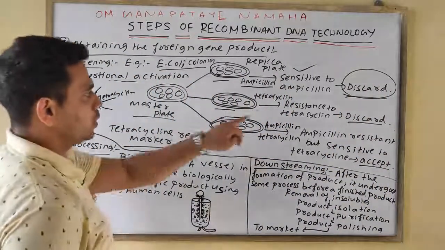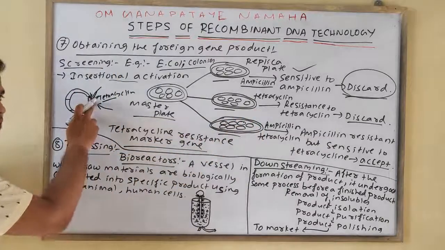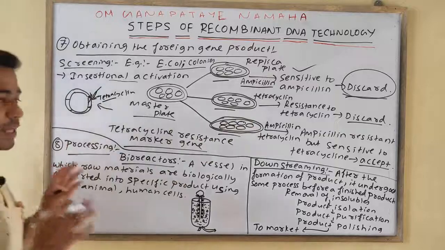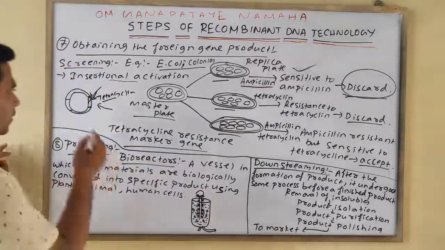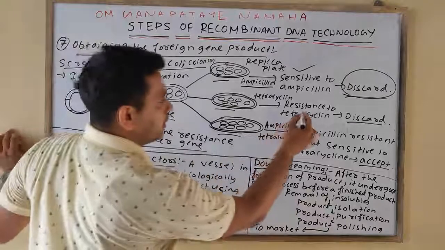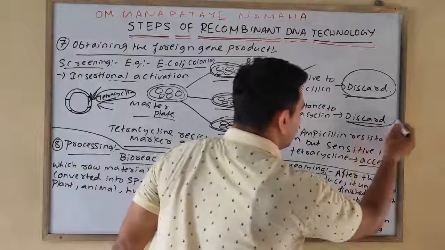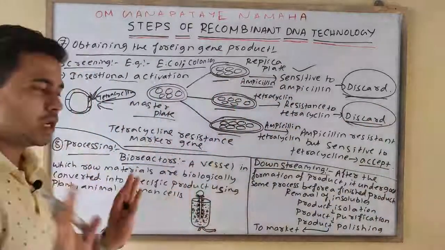Next, if tetracycline is used and the recombinant DNA is present, it should show sensitivity to tetracycline. But if it shows resistance to tetracycline, this one is also discarded. Clearly understood?